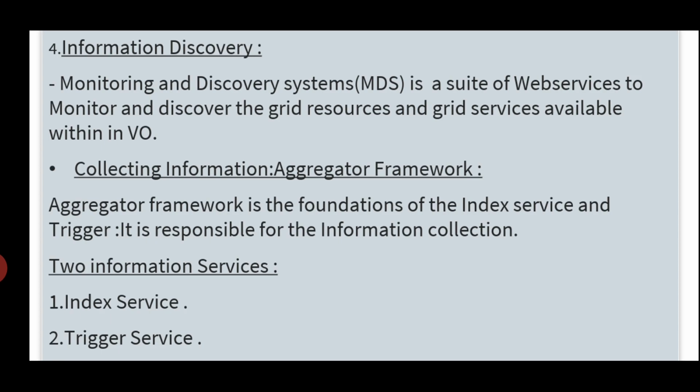These information systems furnish mainly five kinds of information. The first is information about the resources themselves, called resource properties. The second is information about the local scheduler, published by the Web Service GRAM.